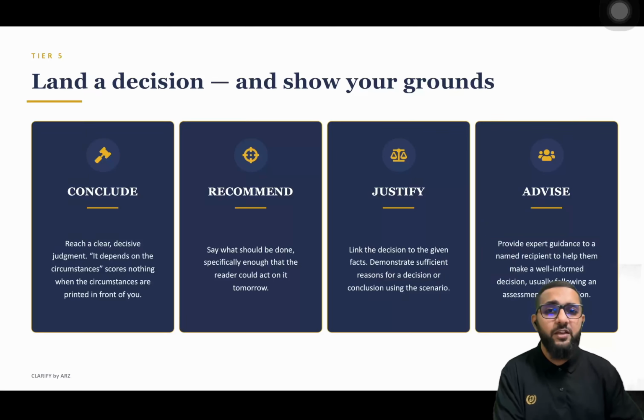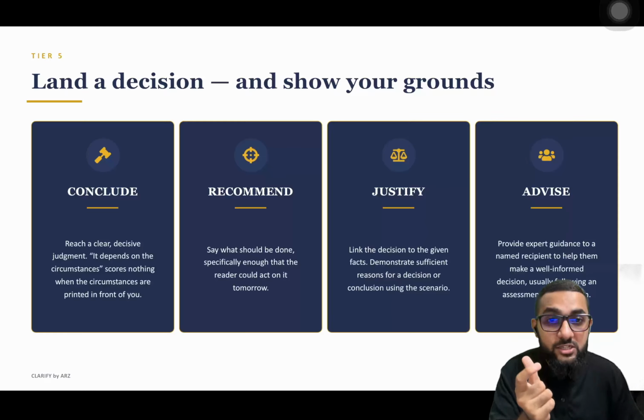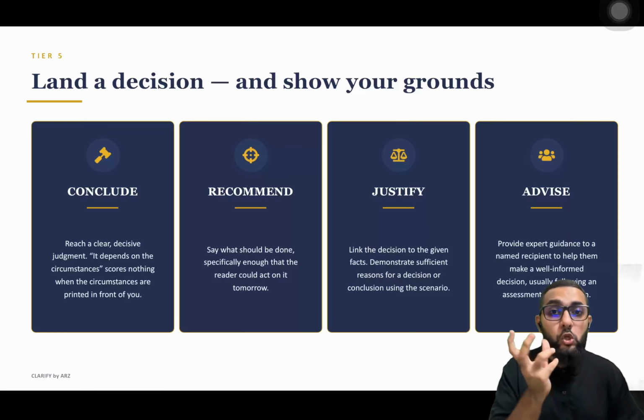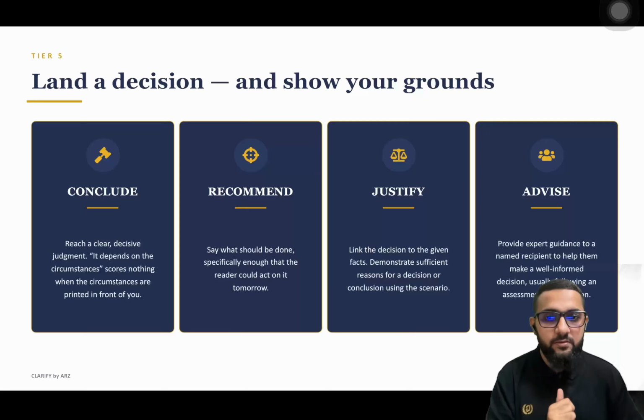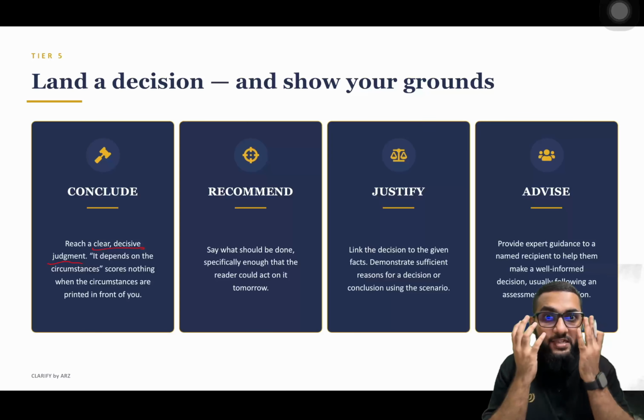Then comes tier 5, where you're supposed to land a decision, show your decision-making ability, show your stance and your opinion. That's what these verbs focus on. Number 1 is conclude. This is where you're supposed to reach a clear, decisive judgment. In this case, you can't say it depends on the scenario or circumstances, because the exhibit is given to you.